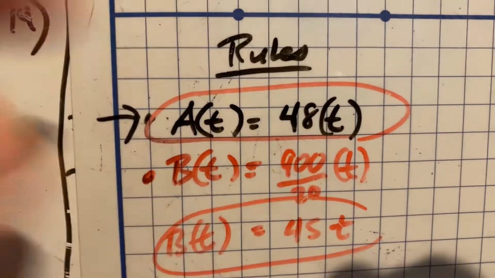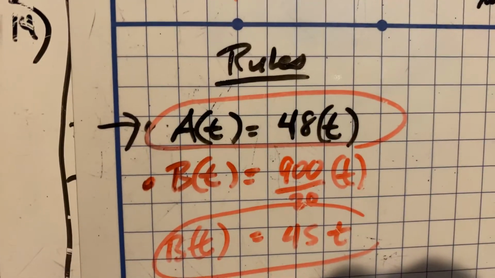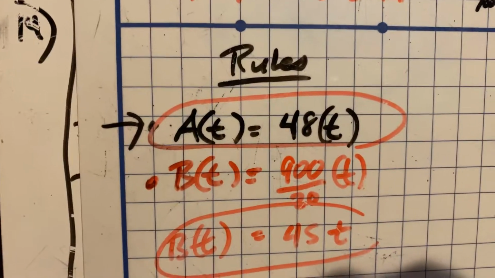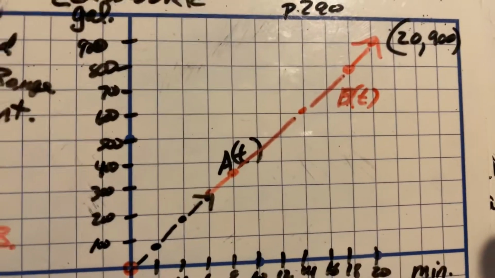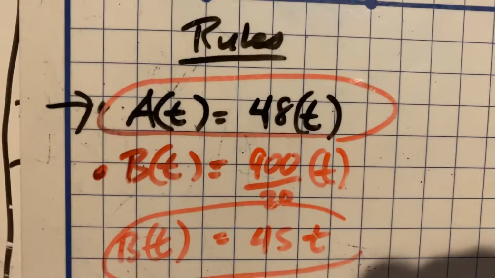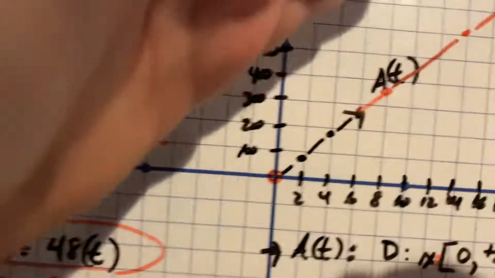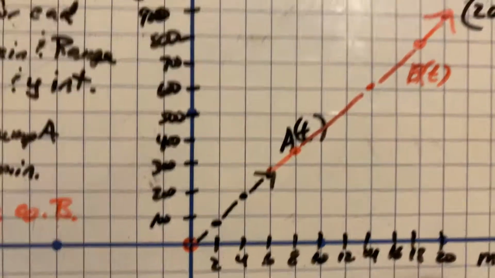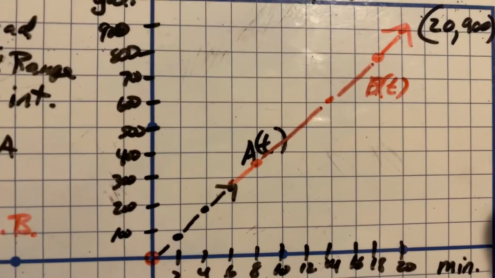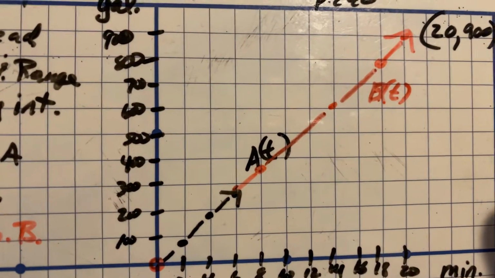A of T is 48 gallons per minute, and B of T appears to be 45 gallons per minute. So when you're drawing them, we know that A of T should be slightly above B of T. It's very hard to see, but it should be a tiny bit above that red line, only 3 gallons per minute faster.